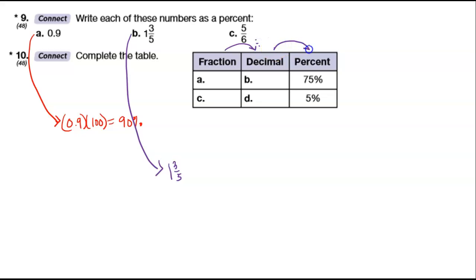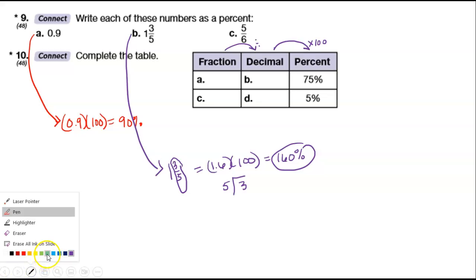From decimal to percent, I multiply by 100. So I'm going to leave the 1 and make this part a decimal. 3 divided by 5 is 0.6. So this is 1.6, and then to go to percent, I multiply by 100, and that's 160%.